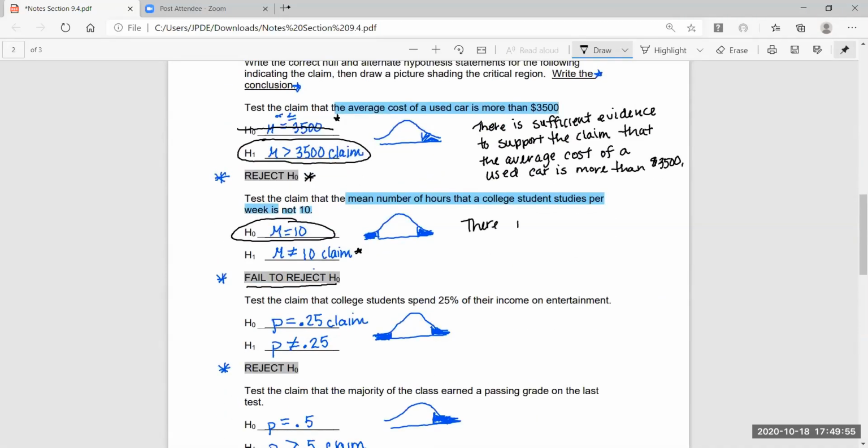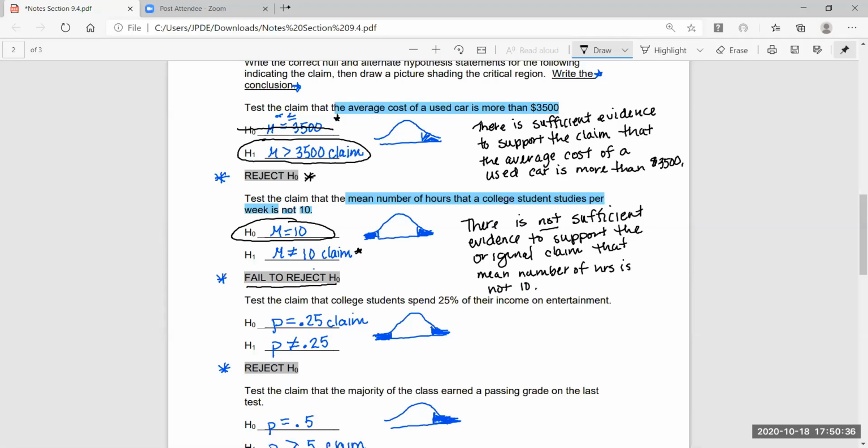There is not sufficient evidence to support the original claim that the mean number of hours is not 10.